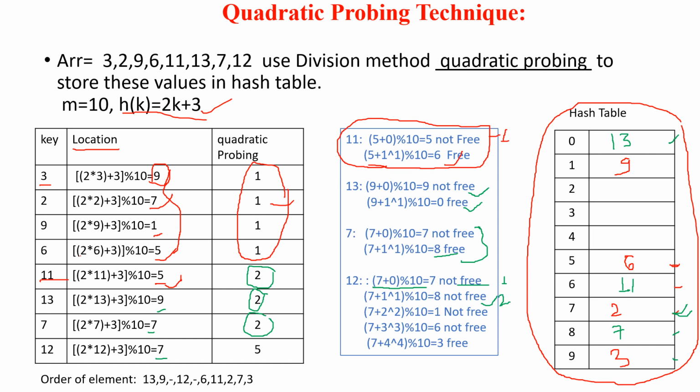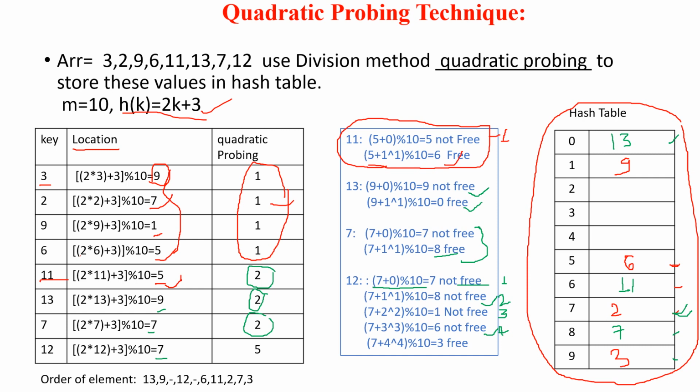Then 7 plus 2 square. Then you will get index 1. Check if the first index is free. No, it's not free. So this is the third probe. Now 7 plus 3 square, and if you calculate the index, you will get 6. Check if 6 is free. No, this is also not free. So this is the fourth probe.